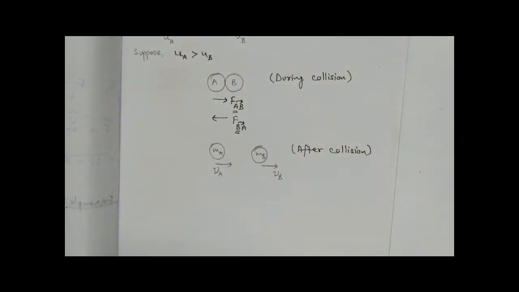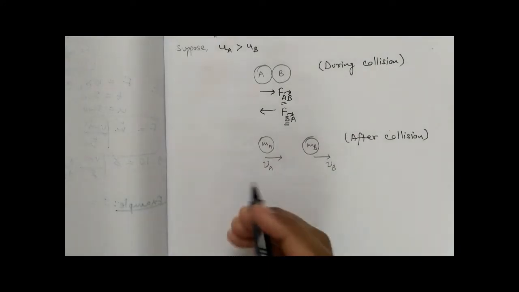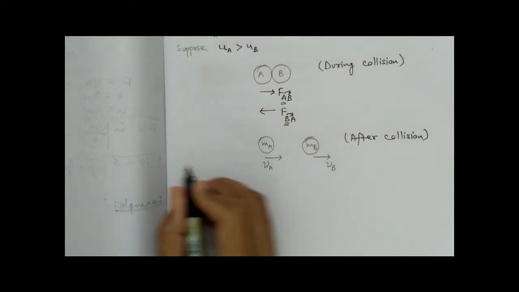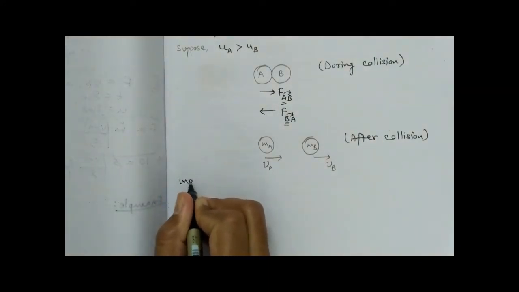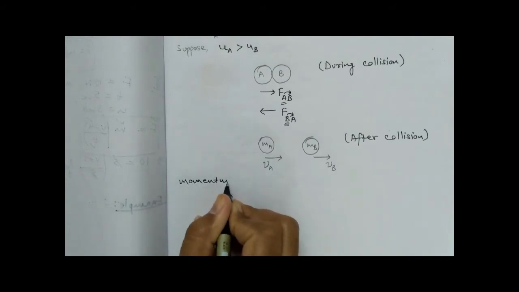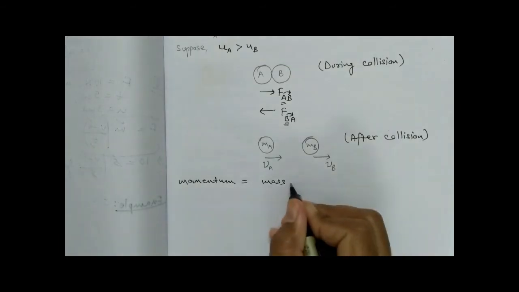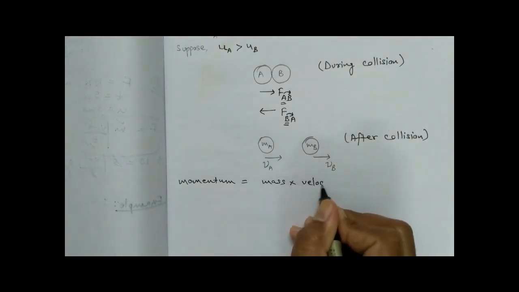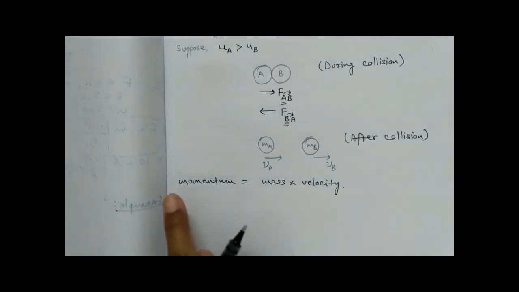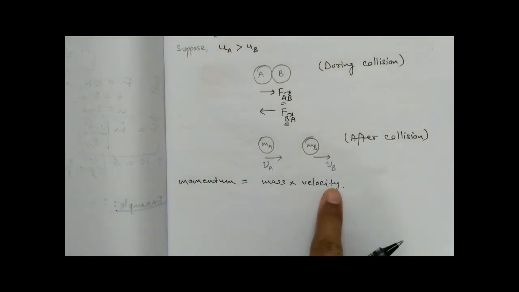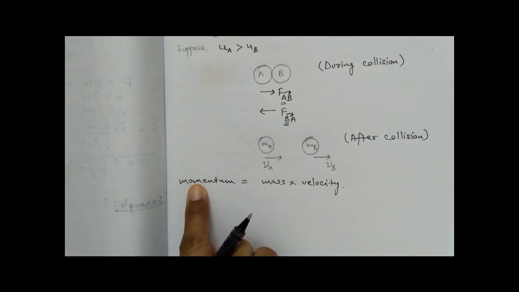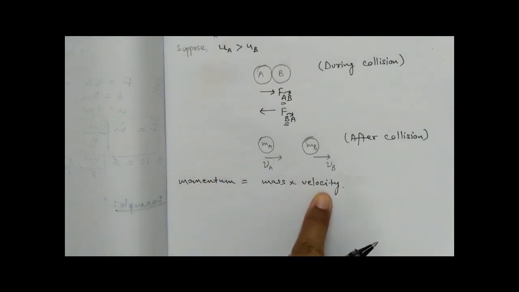Since we have already studied momentum, momentum is the product of mass and velocity. While discussing the initial momentum, I'll be taking the initial velocity, and while discussing the final momentum, I'll be taking the final velocity.